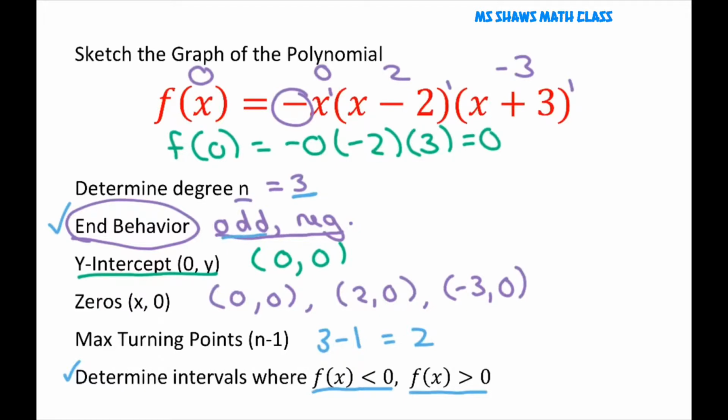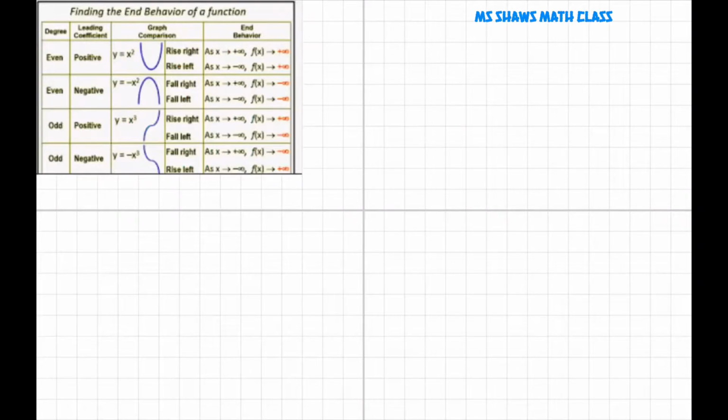We have an odd degree and our lead coefficient is negative. All right, so it resembles this graph right here, y equals negative x cubed.